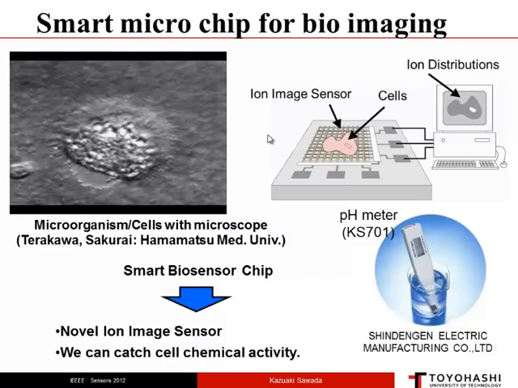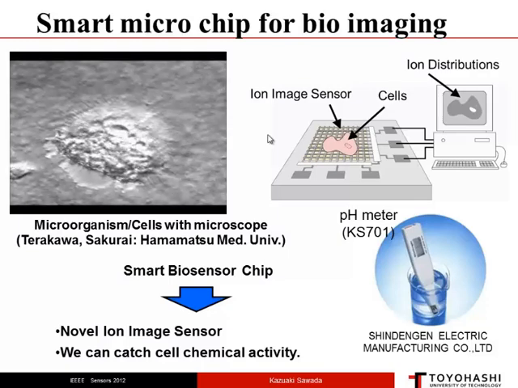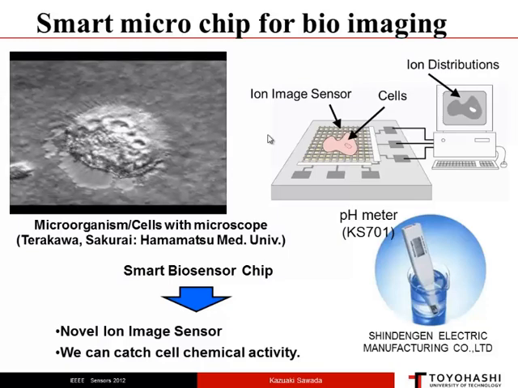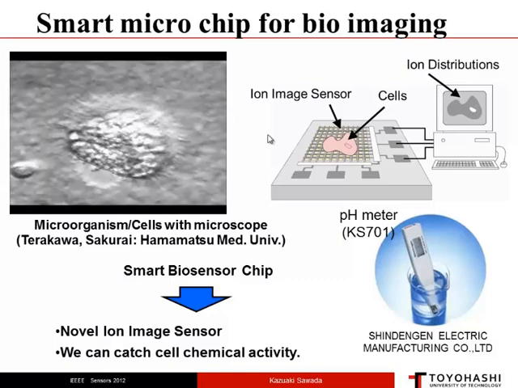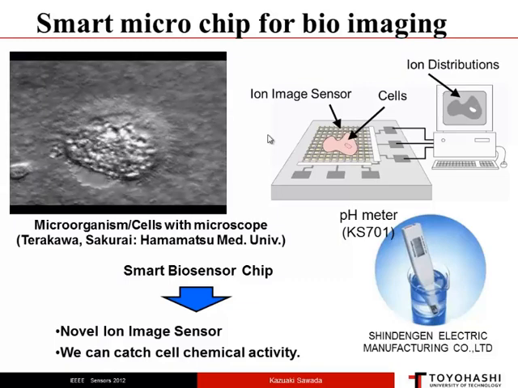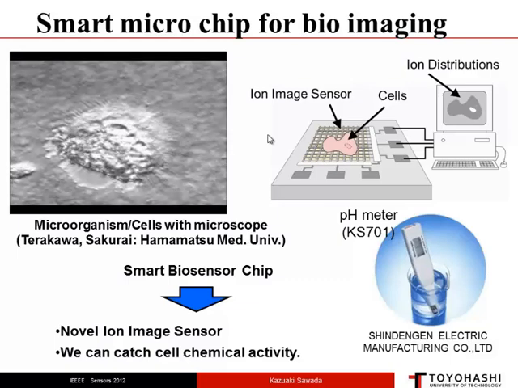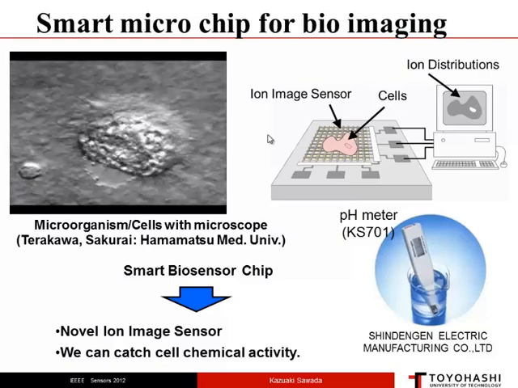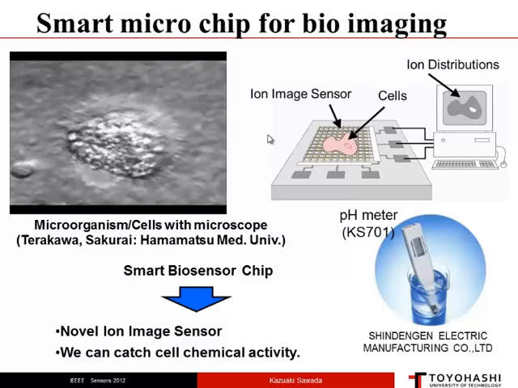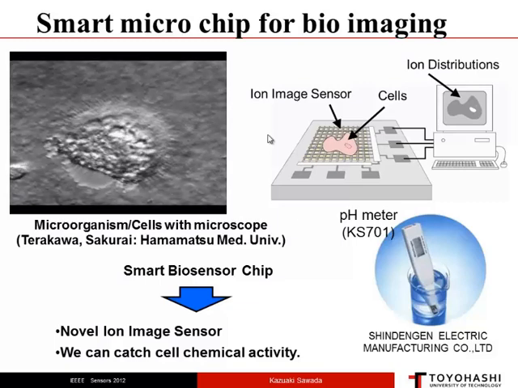So if, by using LSI integrated circuit technology, we integrate a lot of micro-size biosensors in the same chip, we might be able to catch chemical reactions using solid-state devices. That is the motivation to investigate and develop the ion image sensors.